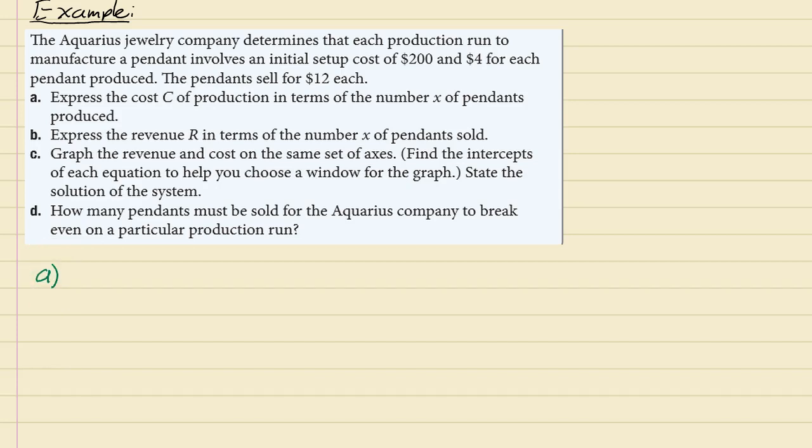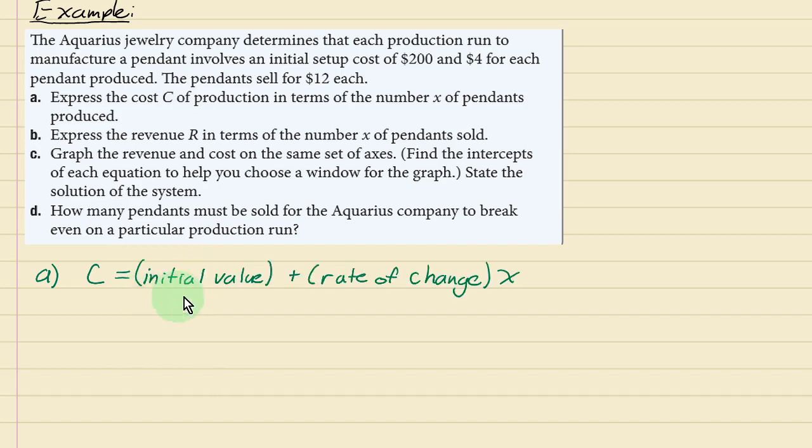we want to express the cost C of production in terms of the number of pendants. So that means it should be C equals and then something with X in it here, because it should be in terms of X. So let's see, we're going to use the same idea as last time, where there's an initial value of C plus the rate of change.